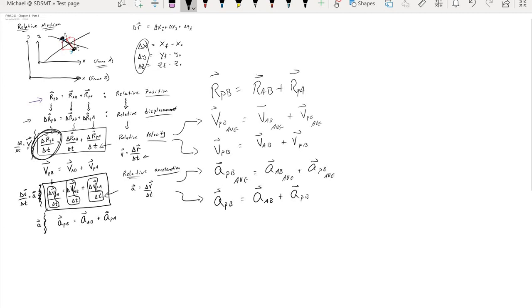And these equations are all well and good, but they're not really going to do much good to us if we don't know how to use them in the physics. So what we're going to do, we're going to try an example problem with relative velocity. So that would be this expression right here.